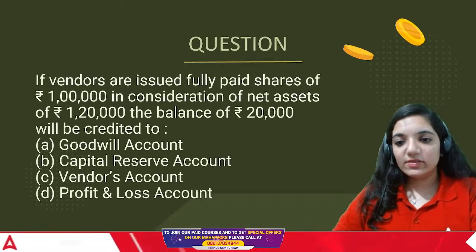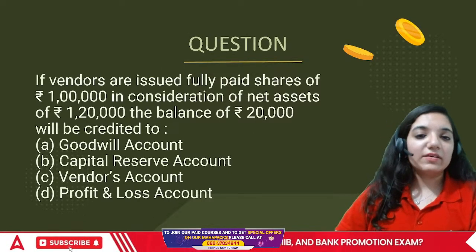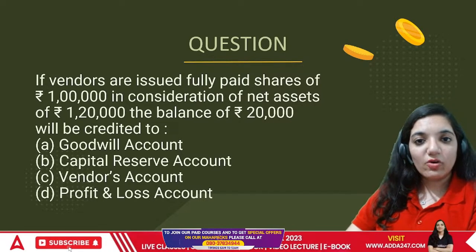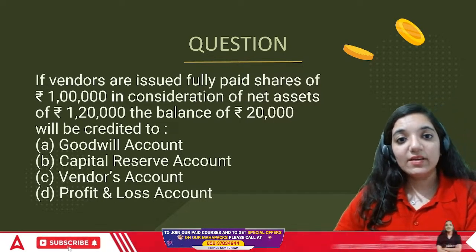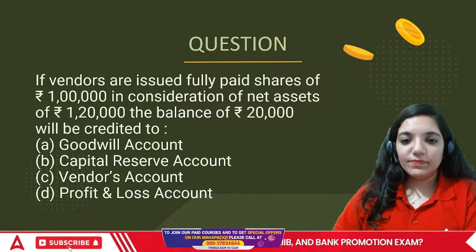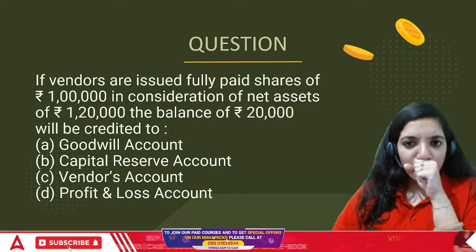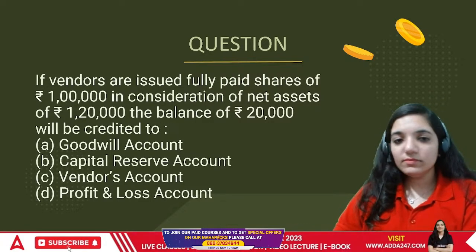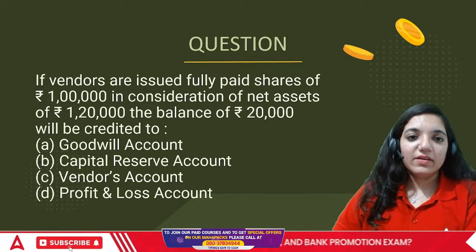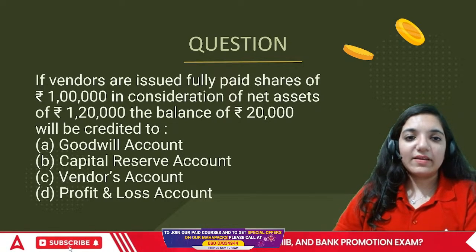Next question. If the vendors are issued fully paid up shares of 1 lakh in consideration of net assets of 1 lakh 20, the balance of 20,000 will be credited to goodwill account, capital reserve, vendor, or the P&L.